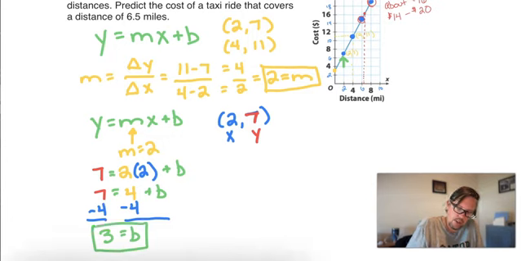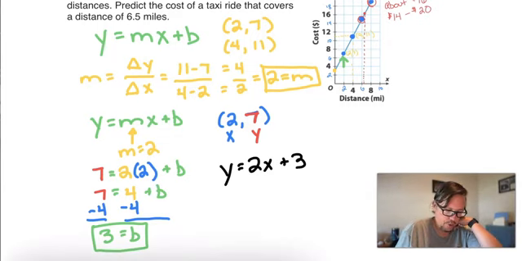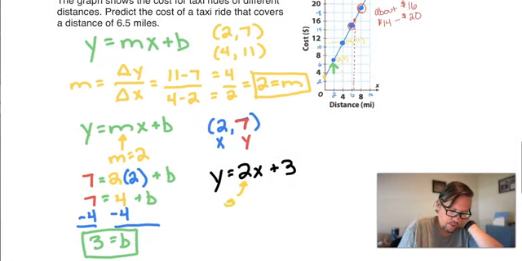So our equation in slope-intercept form is y equals 2x plus 3. The 2 for the slope means that we are being charged, looks like $2 per mile.